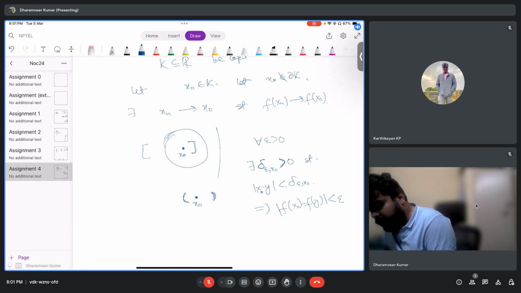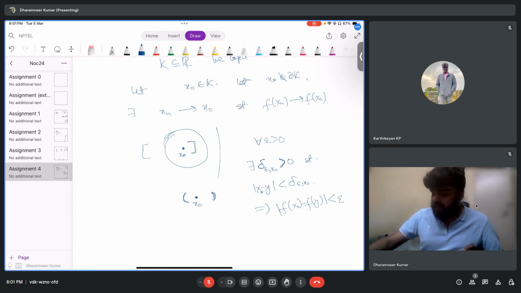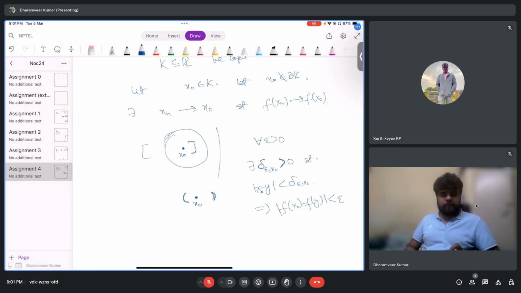Now if there is a compact set, we can cover it by these open intervals.